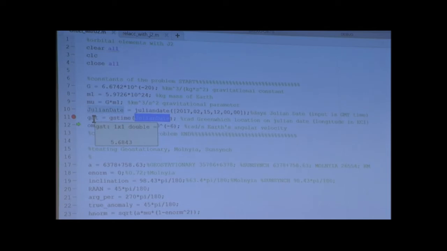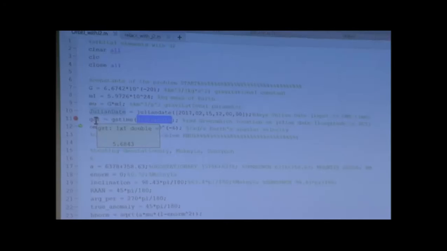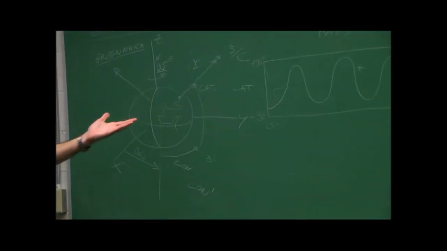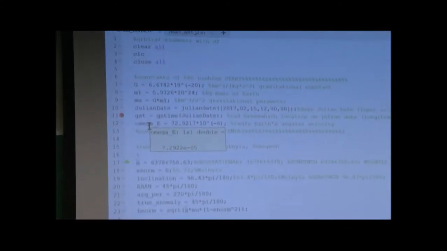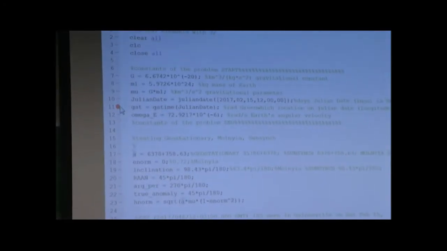And then you can imagine, knowing the angular velocity of the Earth around this spin axis, you can keep adding to this initial Greenwich angle, as long as you know what it is at initial time, which is exactly this omega e that I have right here. This is the Earth's angular velocity about the spin axis. It's a known constant.